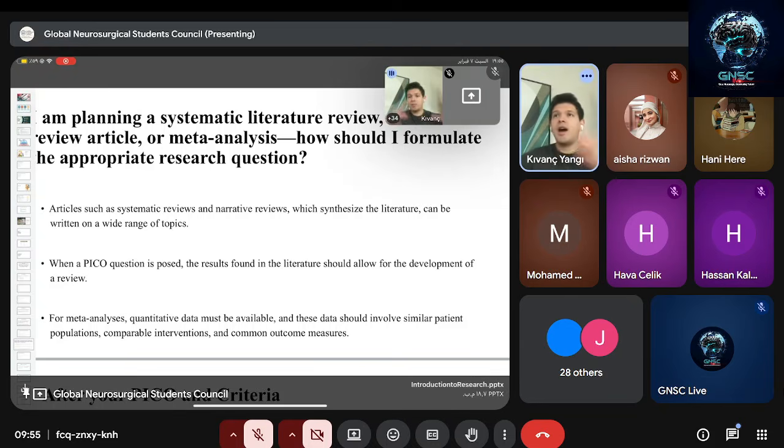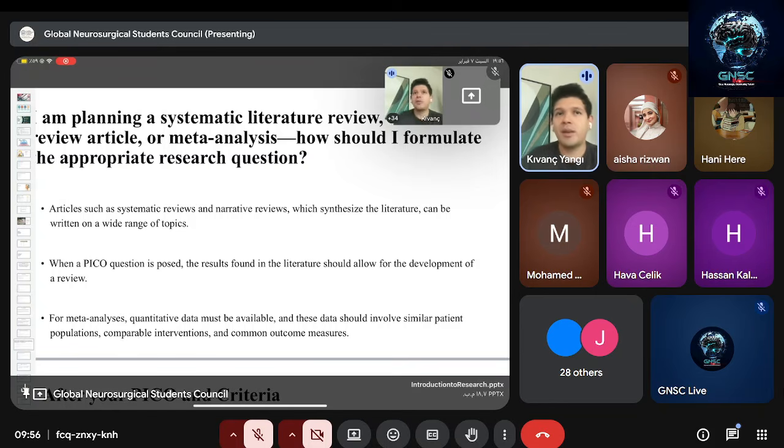For example, you can just pick unruptured intracranial aneurysms, and you can write all about them: how to define them, their incidences, their demographic information, what percent of the population or what gender distribution they have, how to manage them, do we need to operate on them, how often we need to do imaging for these types of lesions, and many other things. When a PICO question is posed, the results found in literature should allow for development of a review.